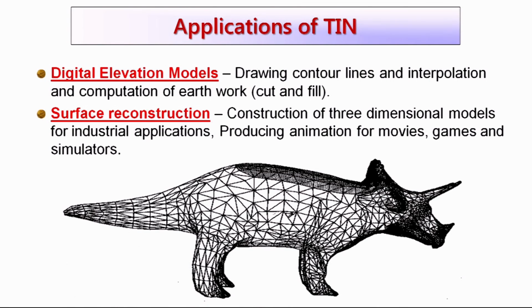Here, if I have to represent an animal, then I can use a TIN to represent a 3D surface. If I go for raster representation instead, I may not represent that animal as accurately as using TIN. That is why in most animations people have adopted TIN rather than raster.